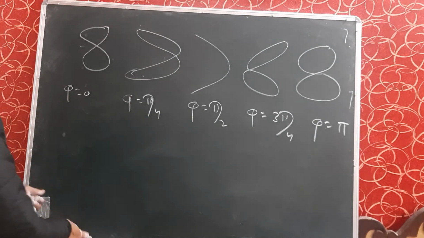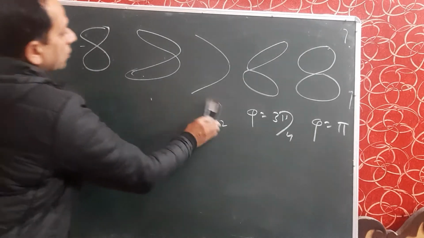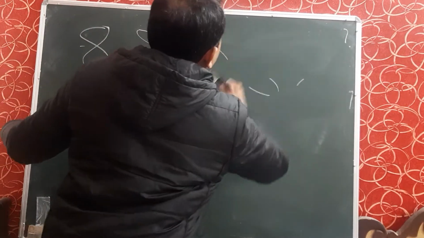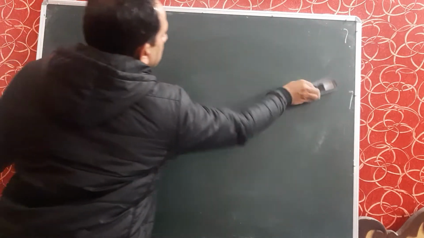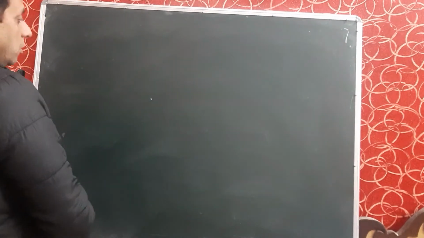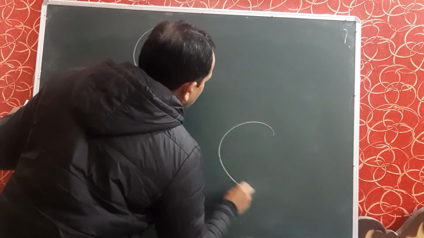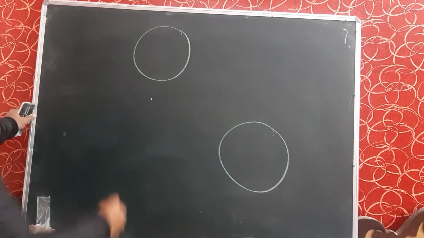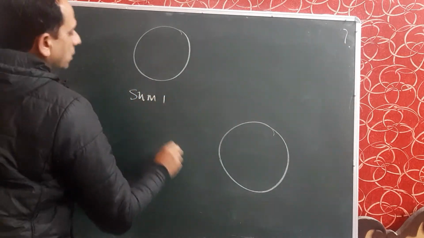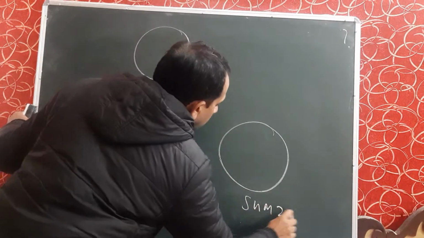Similarly, we can get these figures from the graphs also. If we plot a graph between x and y by using 2 SHM, we will consider it just like SHM1 and SHM2.